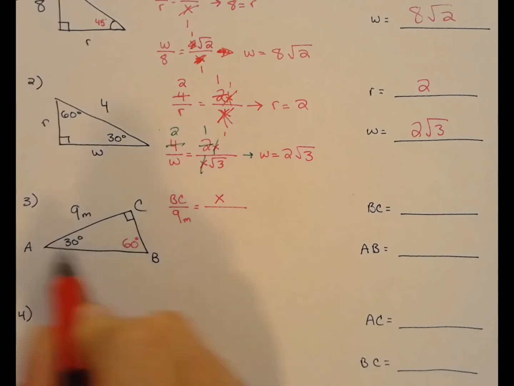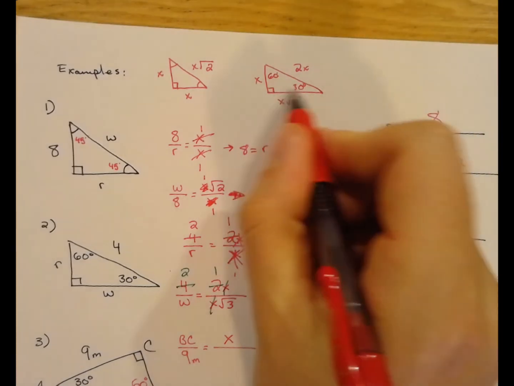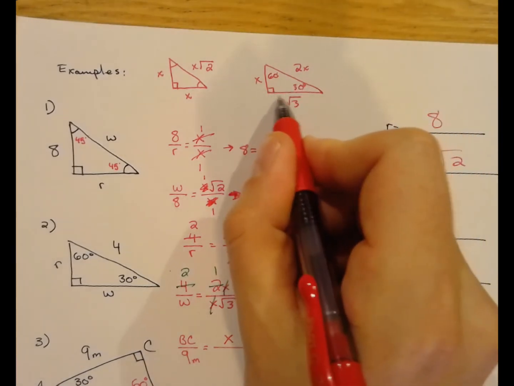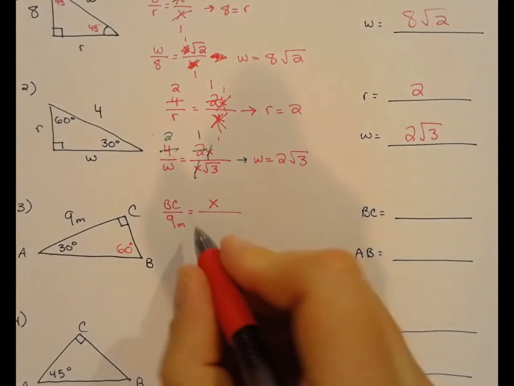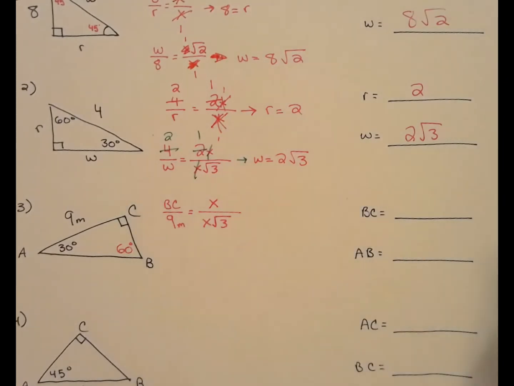9 in the problem is between angles 30 degrees and 90 degrees. In the theorem, between 30 degrees and 90 degrees is x root 3. So 9 is going to correspond to x root 3.